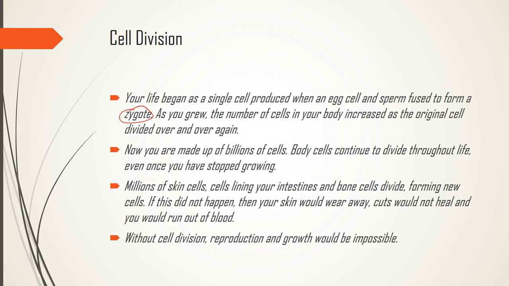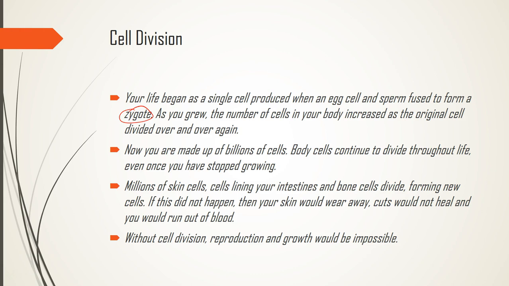Okay, so now every one of us is made up of billions and billions of cells, but our body cells need to continue to divide throughout our life to help repair and grow other aspects of like our skin and things like that.